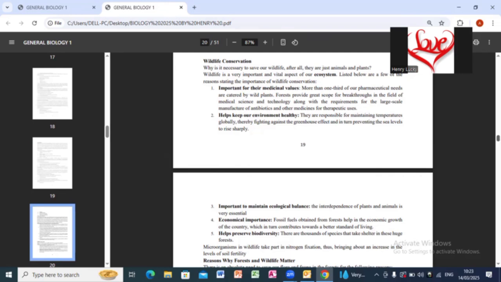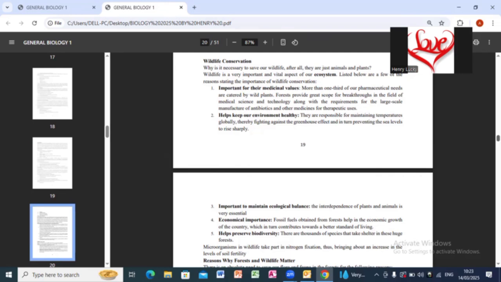That is, it helps to create a form of interaction between plants and animals, which is very essential. It is also economically important to the nation. Some of them serve as lucrative areas where people go as resorts, settle, do things, and save things for themselves and come back. Then it also helps to preserve biodiversity. This has to do with the shelter of organisms in the forest.